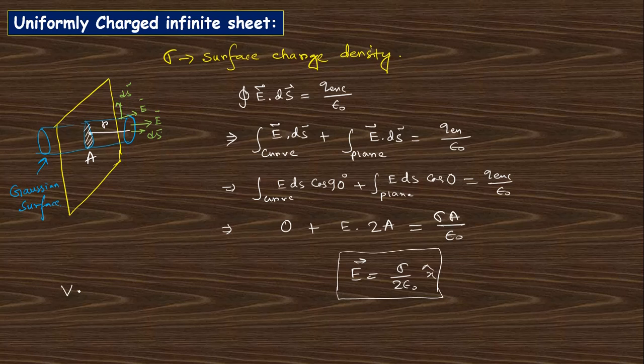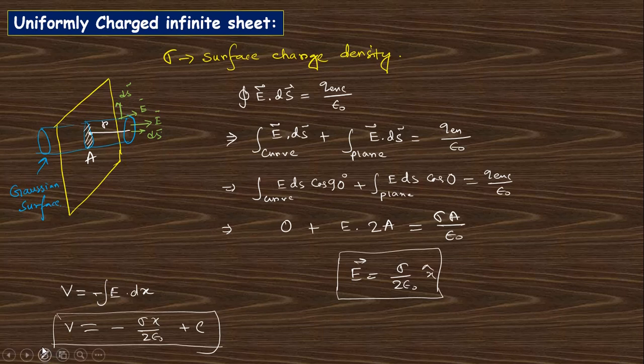The corresponding potential is nothing but minus E dot dr, here dx is the same thing. If you take this as the x direction, this is nothing but minus sigma x by 2 epsilon naught, V as a function of x with some constant. So this electric field is nothing but a constant.